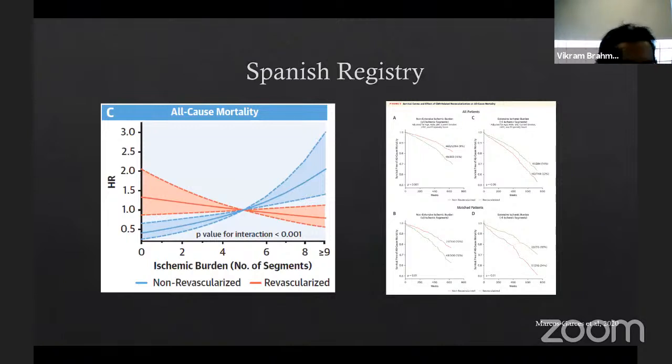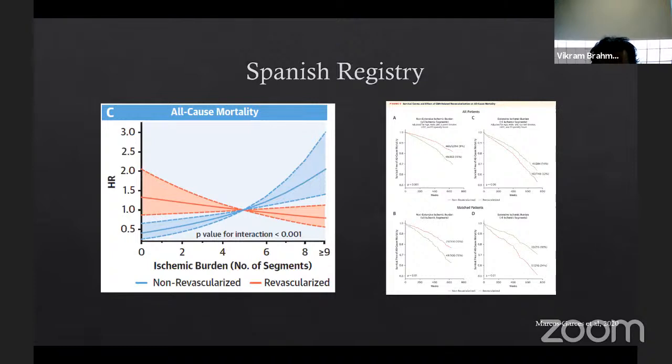And most important is looking at those who were non-revascularized versus revascularized. During the follow-up period for the study, there were 587 revascularization procedures. So they used a propensity-matched population, accounting for variables like hypertension, prior revascularization, the presence of late gadolinium enhancement.